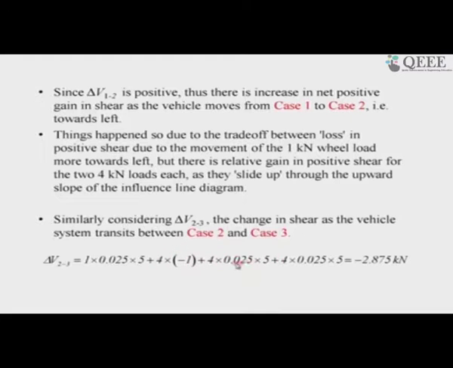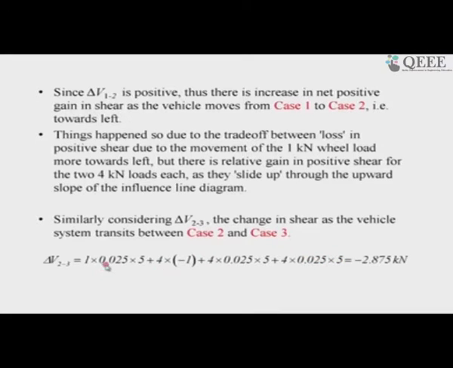And this again is the gain on the negative side, to more negative to less negative, and that is why it is positive. You have the slope multiplied by the distance travelled and multiplied by the load, and for the last 4 kilonewton load you have just gained by moving it a distance of 5 meters with a slope there.